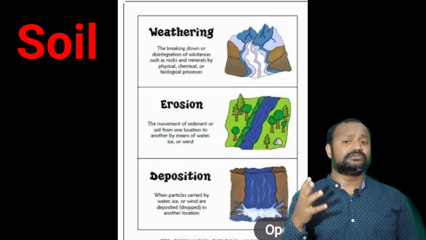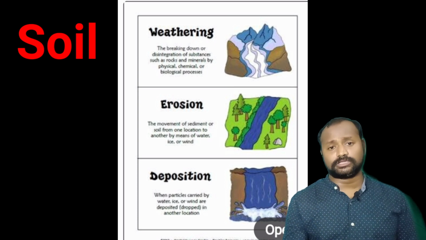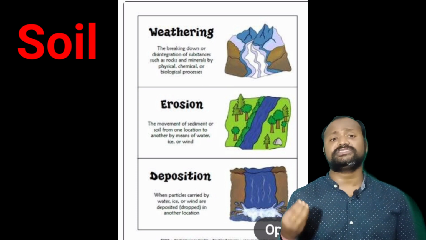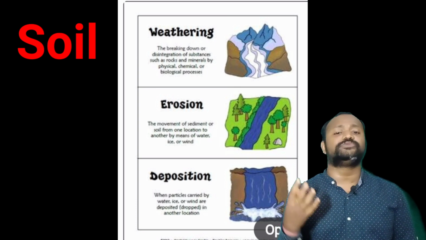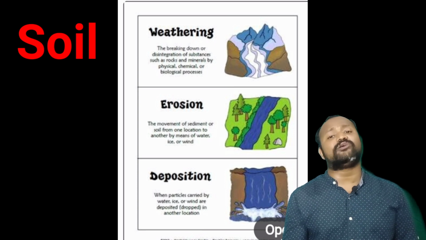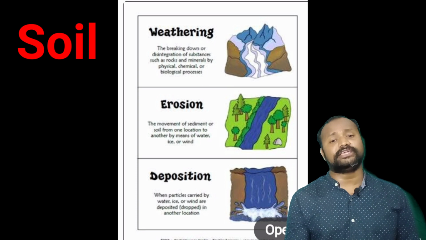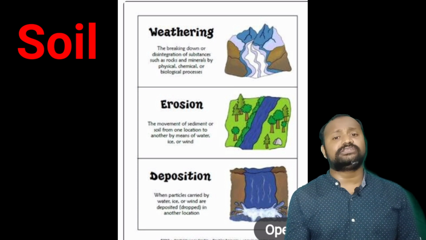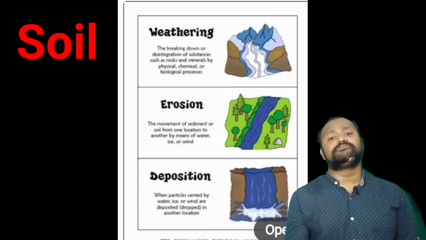Whatever soil you have over the earth's surface is part of the parent rock only. So what is weathering? Weathering is the process of breaking down of rock by the agents of weathering like temperature and rain water.